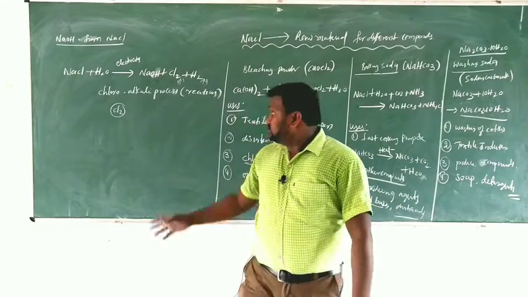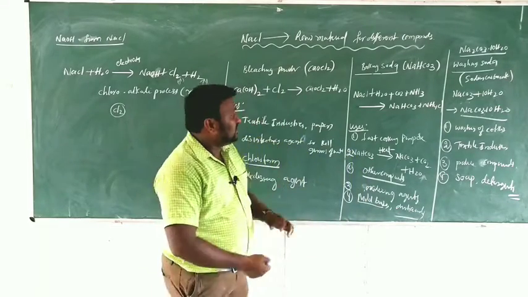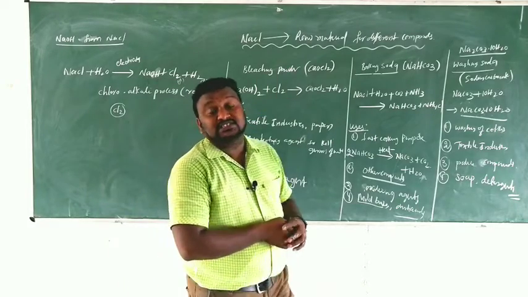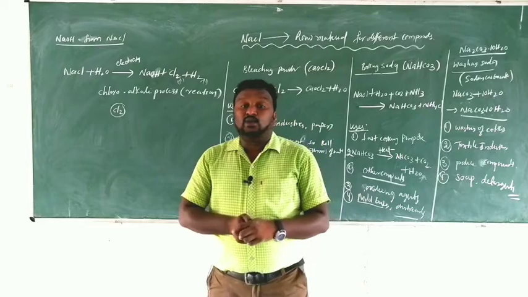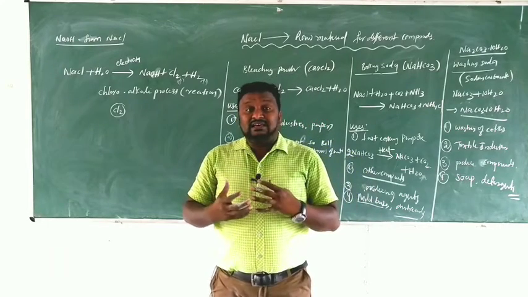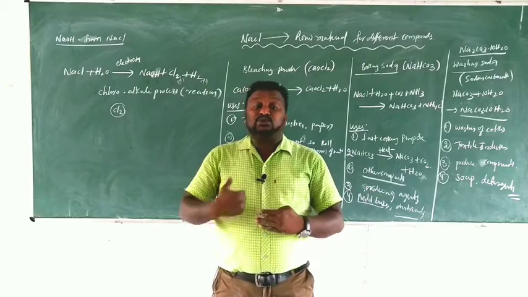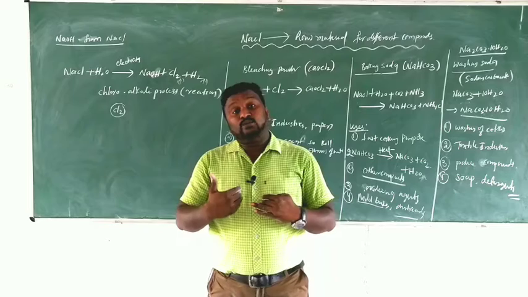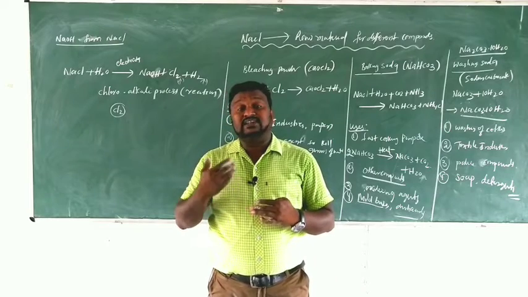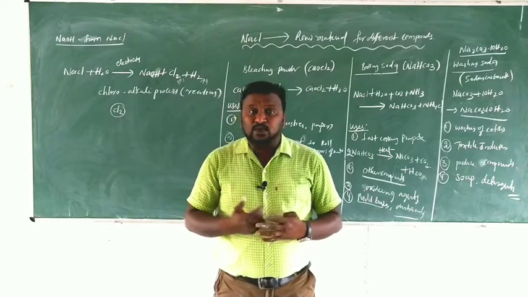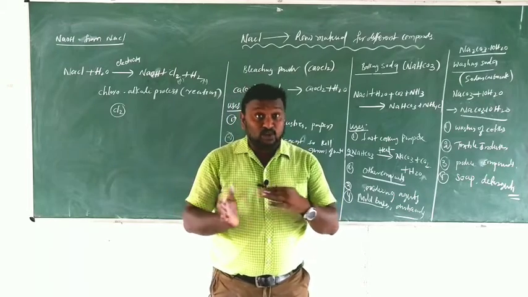What you see on the board is a very important topic for your examination. I hope you understand. If you want to be very clear, after watching this video go to your textbook and see again. Watch the video without skipping, then only you can understand the topic. If you skip the video, you will miss some points. That's why you have to watch the whole video.